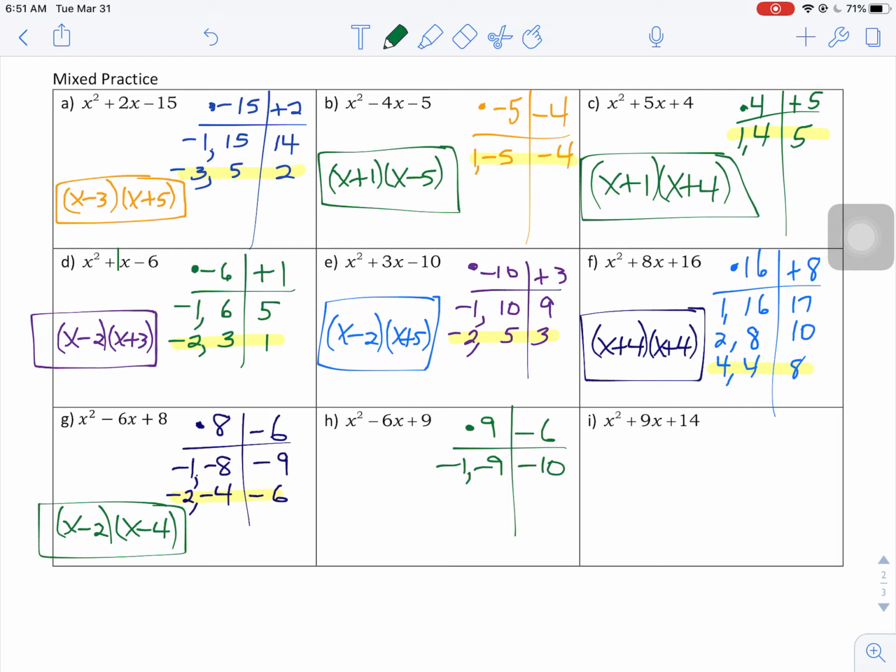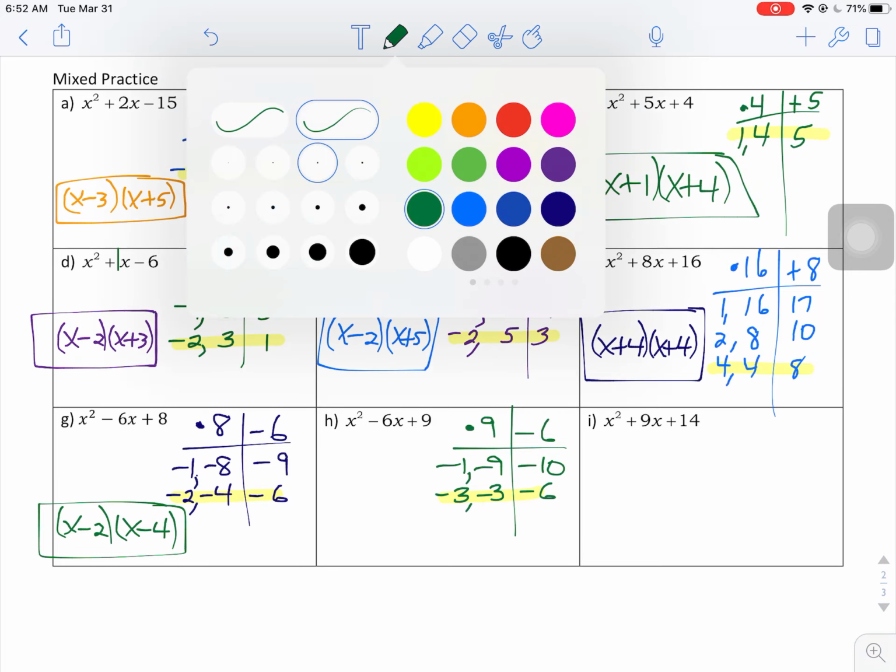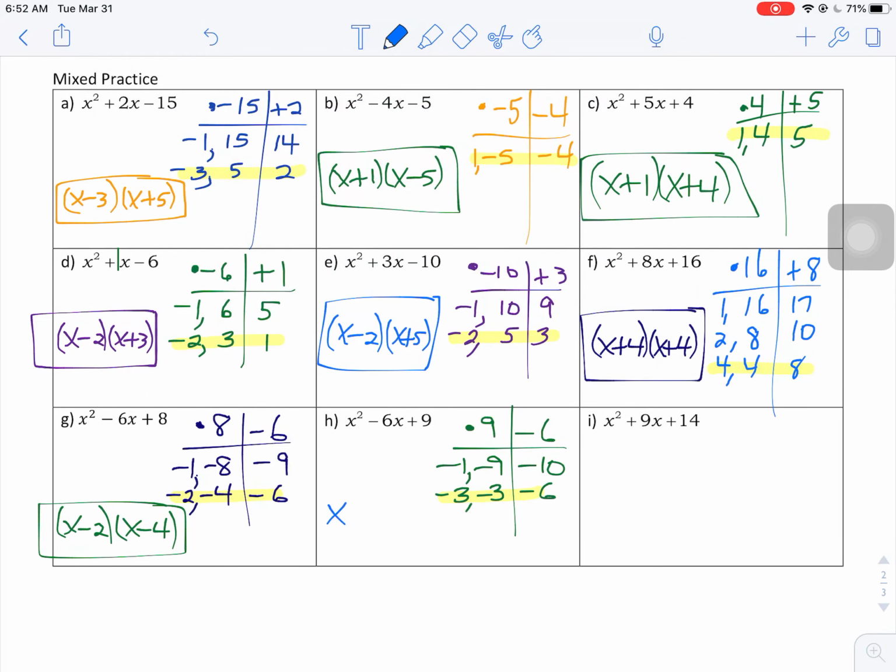Try 2. 9 divided by 2 is a decimal, so I won't even bother writing it down. Try 3. 9 divided by 3 is 3. Make both numbers negative. Negative 3 plus negative 3 is negative 6, so that works. So we get ready to write our answer. X minus 3, x minus 3, and that would be it.